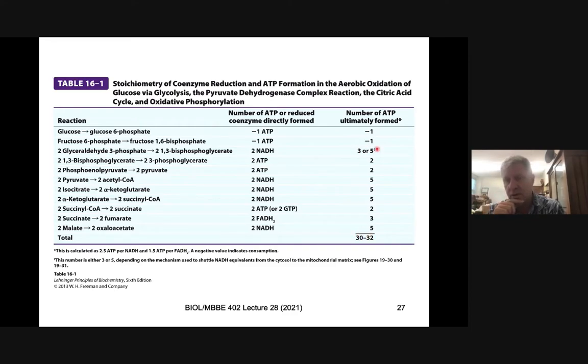If we add this all to our tally, we should get 30 to 32 ATPs formed. But there is a little consequence here in the glyceraldehyde 3-phosphate to 1,3-bisphosphoglycerate step, because there is an issue of transport. And we're going to come back to this a little later on in regards to how we move, importantly, the NADH out of the system and feed it into the mitochondria, because in most cases the TCA cycle is happening inside the mitochondria.